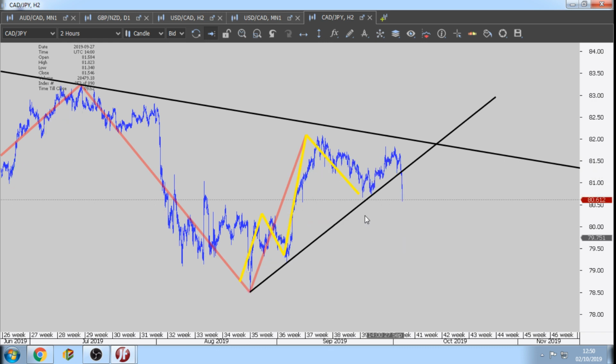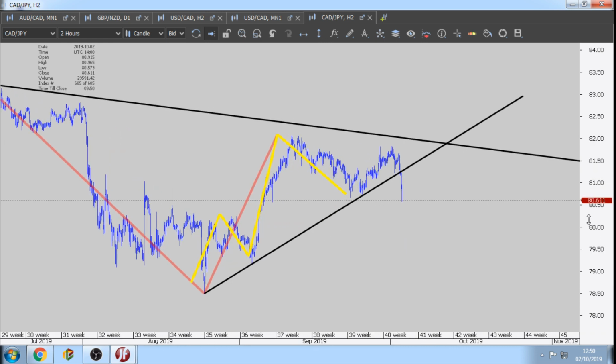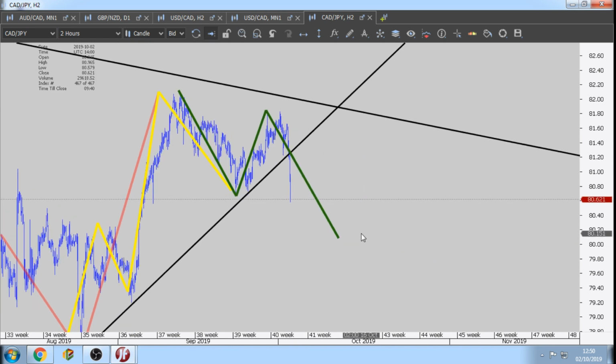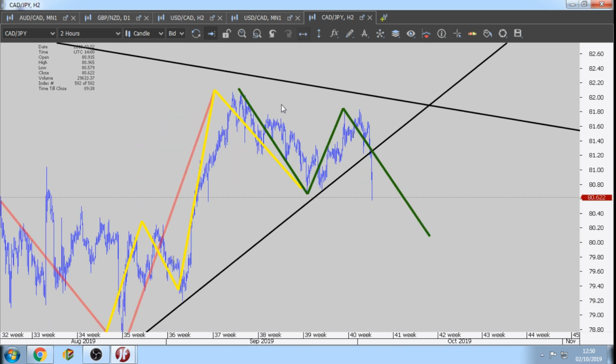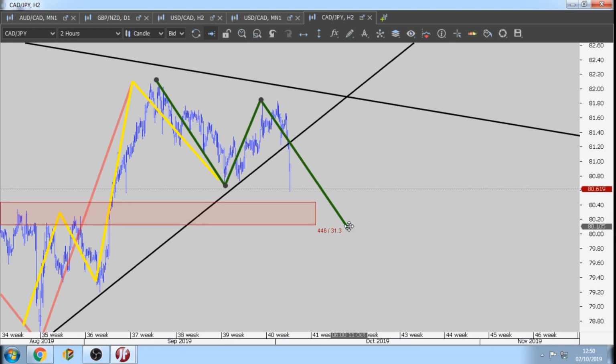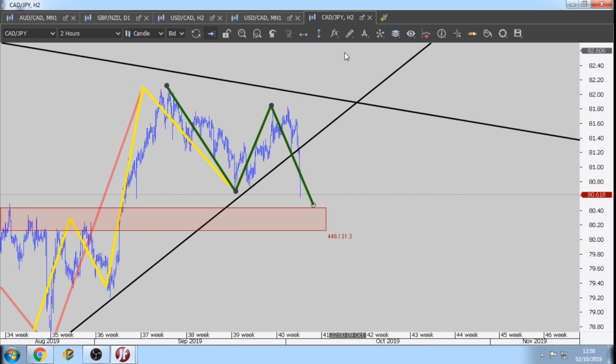So on the smaller scale, now on the 2-hour chart, this is going to be extension, retracement, and extension. Until where? Well, we don't know. We can assume until somewhere around here, and you are going to have a new extension. And guess what the market is going to do?